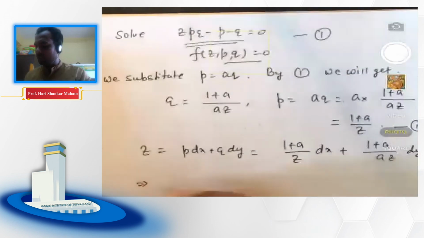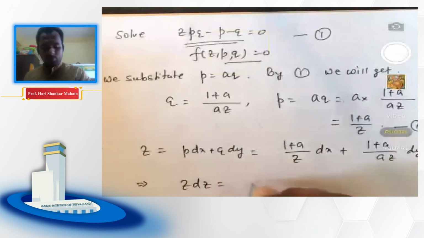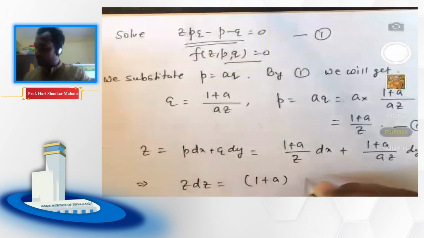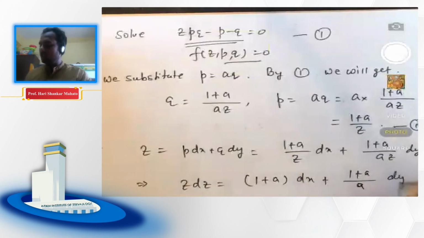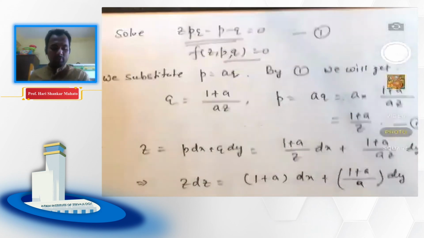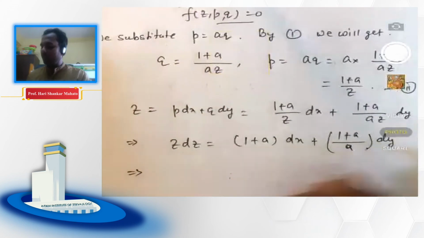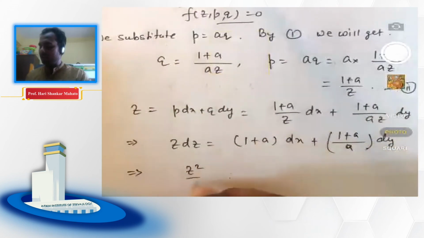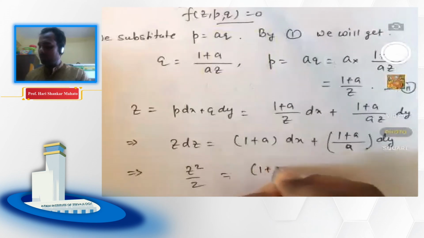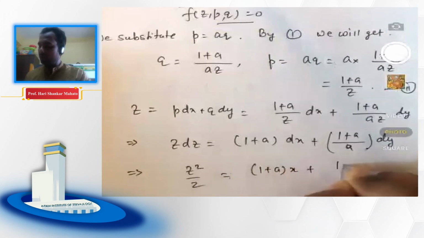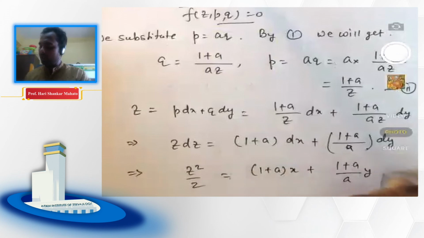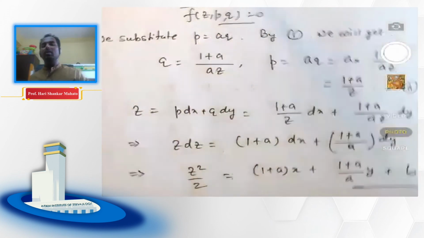So ultimately we will get z dz equals (1 plus a) dx plus ((1 plus a) by a) dy, and now you can do the integration very easily. See, now we can integrate. This is z squared by 2, this is (1 plus a) times x, this is ((1 plus a) by a) times y plus some b. And this is the required complete integral.